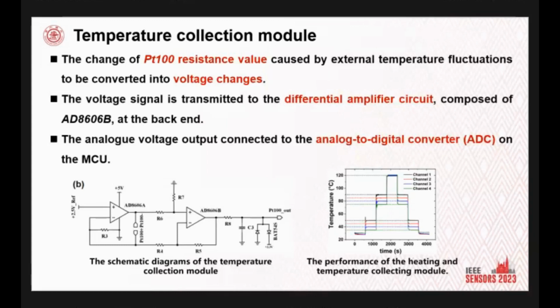In this way, the voltage signal can be converted to a digital value, which corresponds to the temperature of the material. The schematic diagram of the temperature collection module, and the performance of the heating and the temperature collection module are shown below.